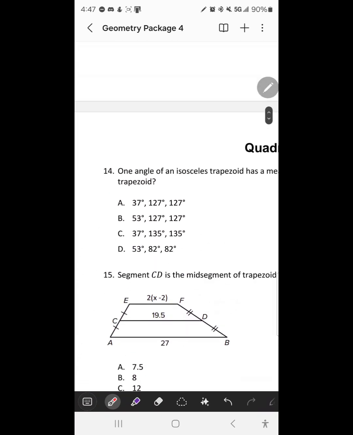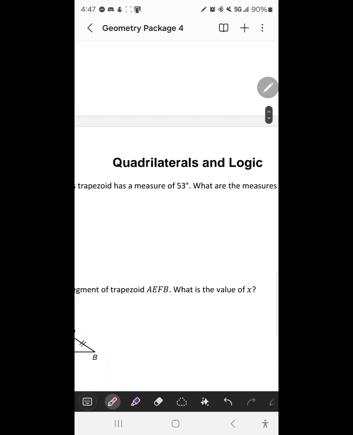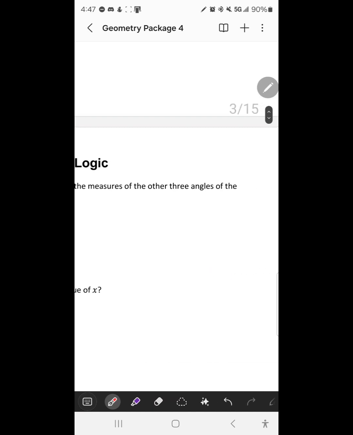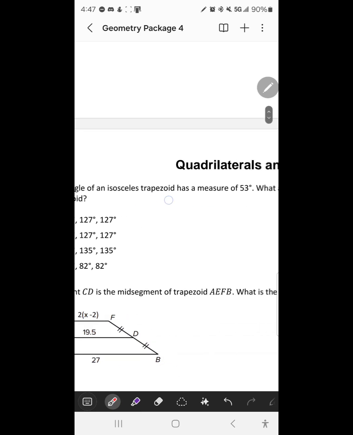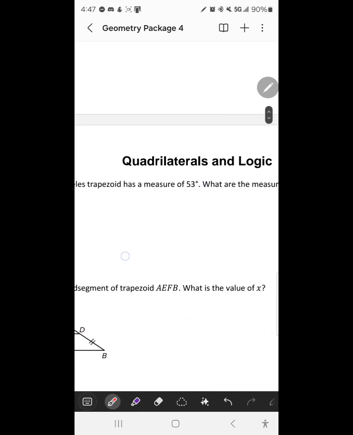Let's see. One angle of an isosceles trapezoid has a measure of 53, what are the measures of the other three angles of the trapezoid? Now, first of all, an isosceles trapezoid is something like this. And let's draw the angle property that we know. We know that this angle is going to equal this angle, because the two angles of the bases are equal.